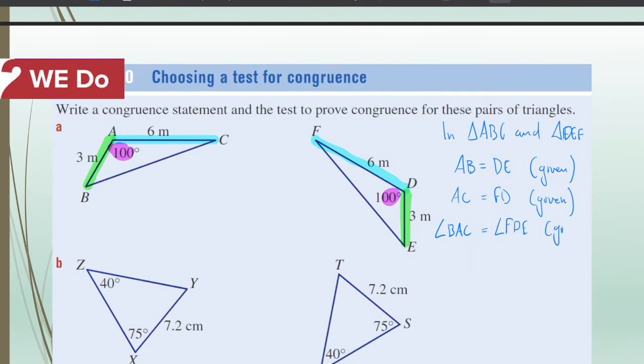And that's also been given to us. So the last thing we do is we make our final statement. Triangle ABC is congruent to triangle DEF because we have side, angle, side all the same.